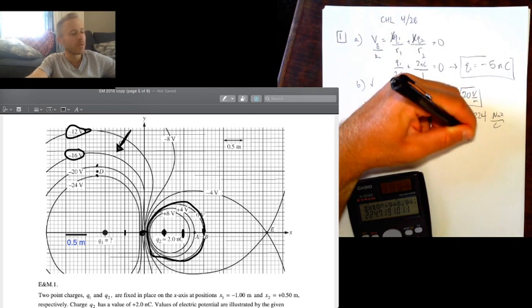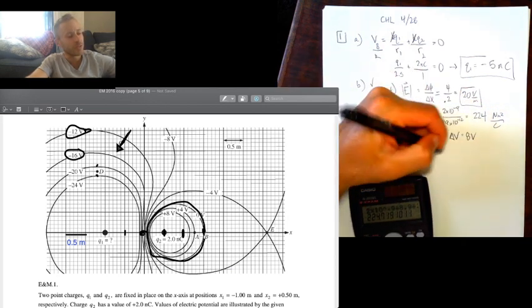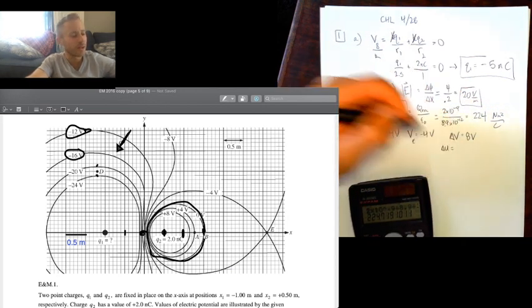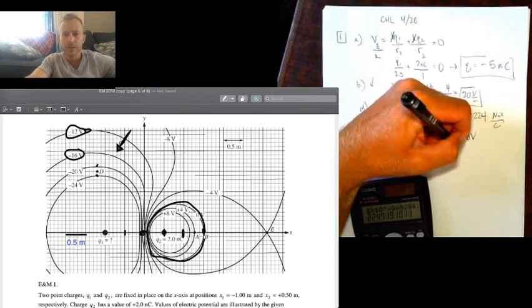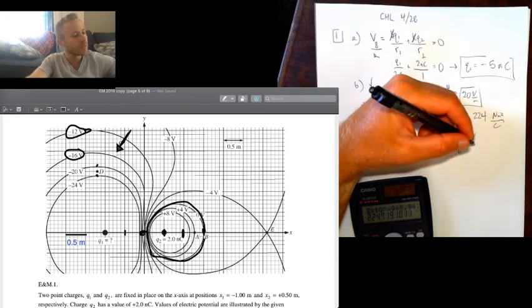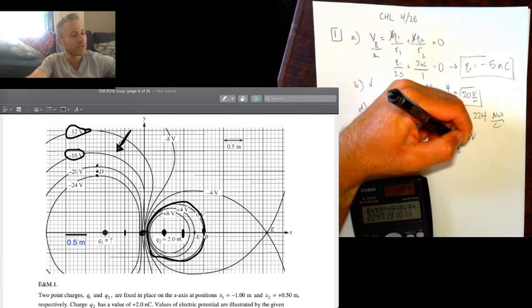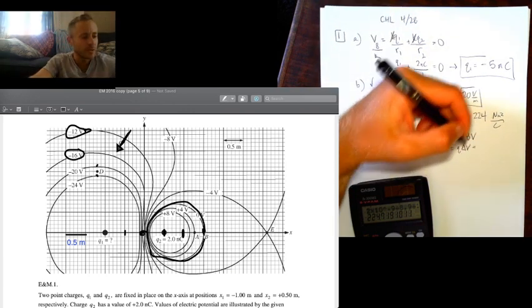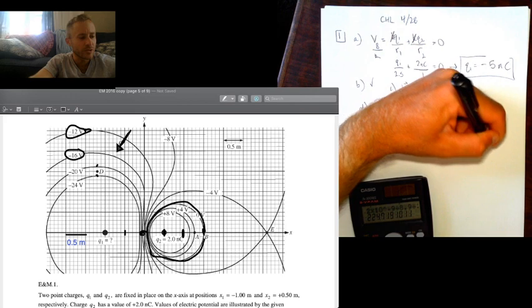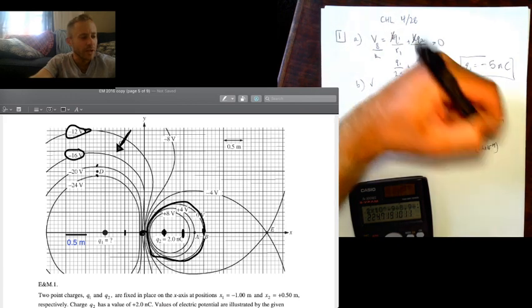And you might remember that the change in potential energy is Q times the change in potential. So that would be 1.6 times 10 to the minus 19, which is the charge of a proton, times 8.